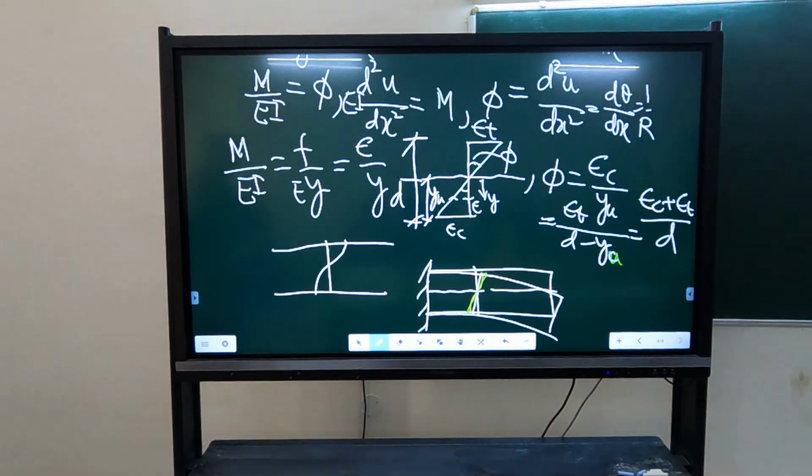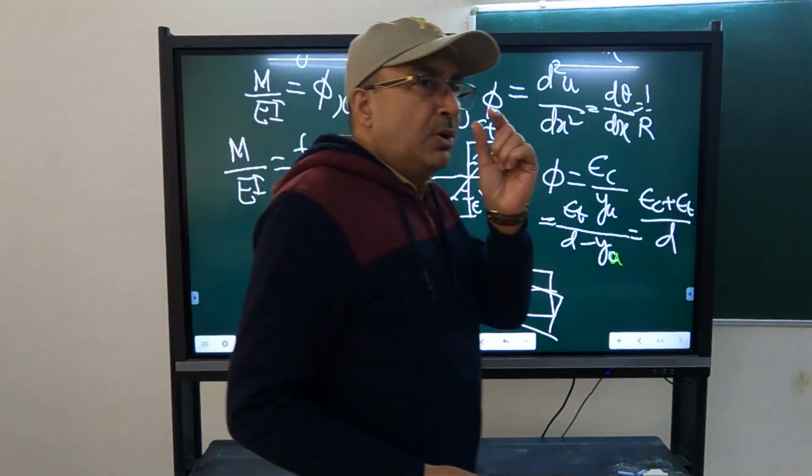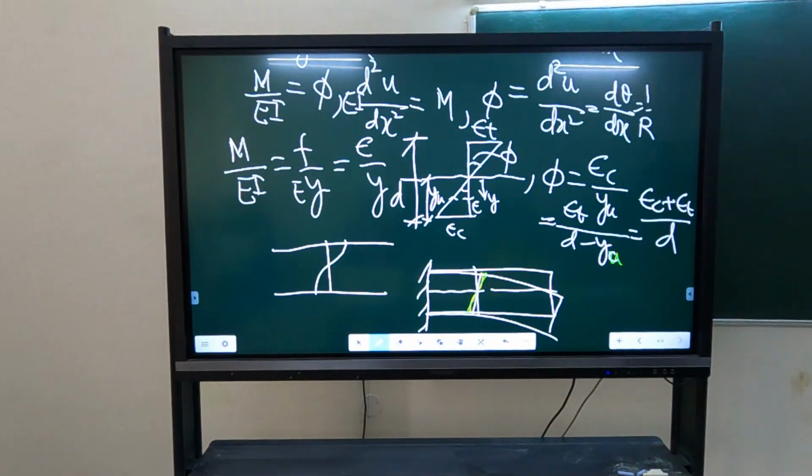You can use any one, but you can see that yu will be small. Generally, our neutral axis will be close to the compression face in case of RCC members. In case of steel members, it is different. But in case of RCC members, concrete area in compression is much larger. Tension is taken by steel alone, so the neutral axis will be closer to the compression face.